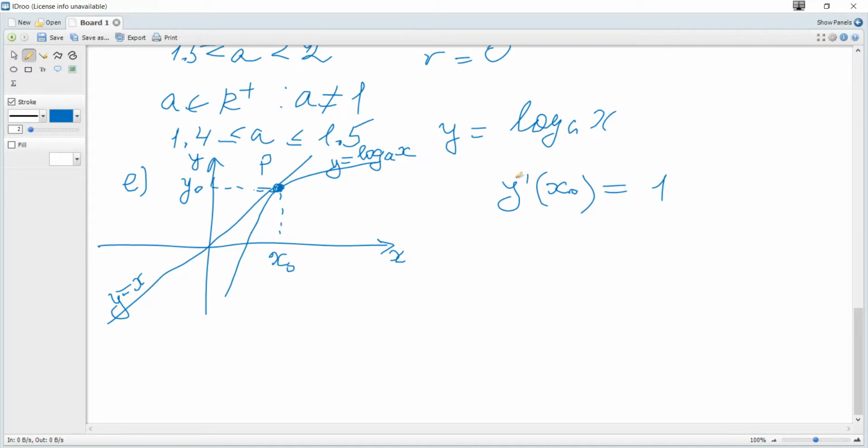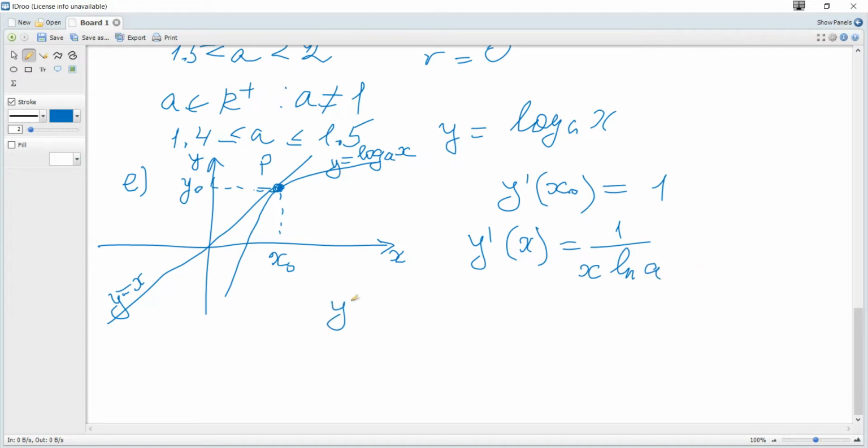Let's find the derivative. We know that the derivative of ln x is just 1 over x, but in general for any base there is another formula that is given in the data booklet, and the derivative is 1 over x and additionally ln a.